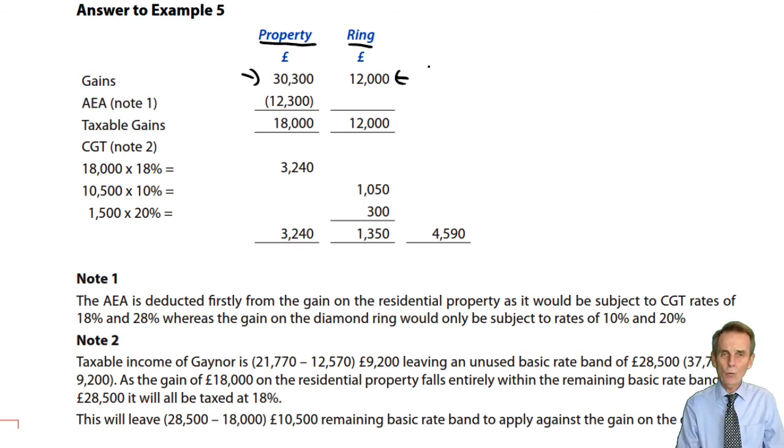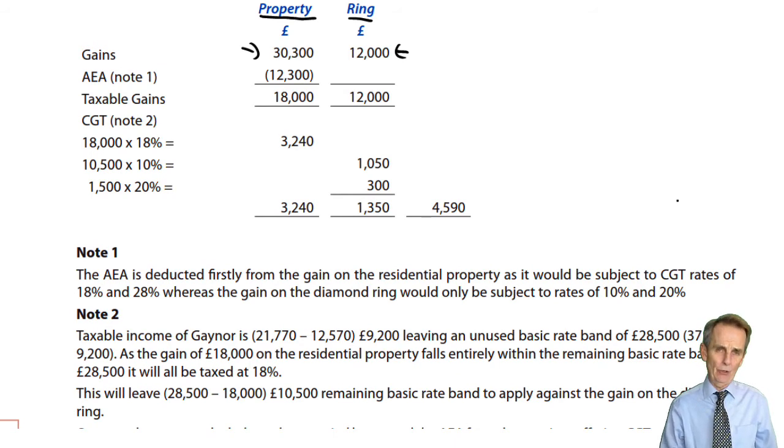And the reason why we've split it is that any amount of either AEA or capital losses that may be available to us are going to go against, as we will choose to put them against as a priority, those gains, i.e. here the residential property, that will be taxed at higher CGT rates, 18% and 28%, rather than 10% and 20%.